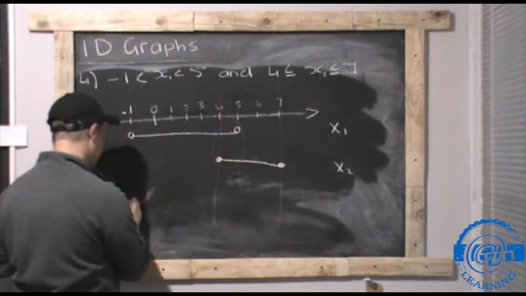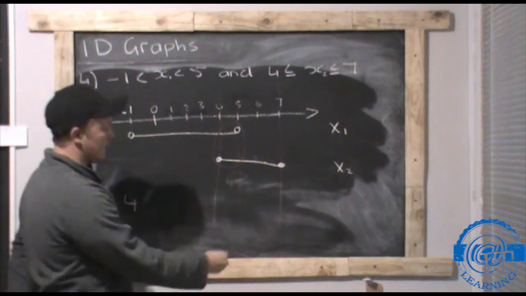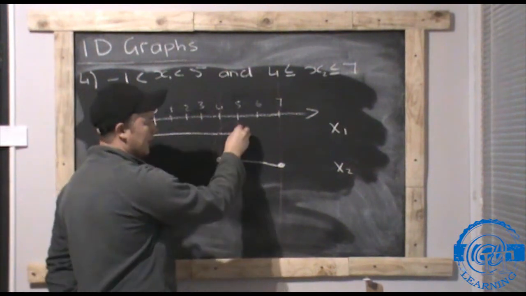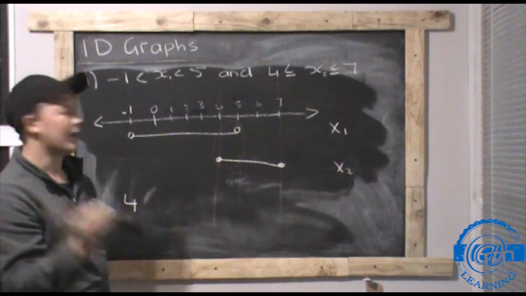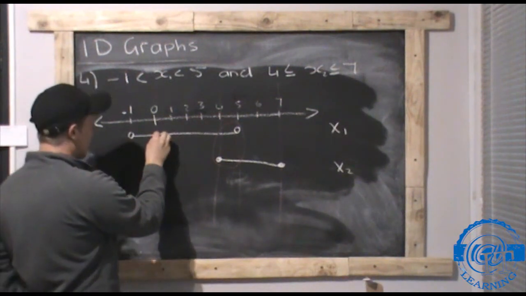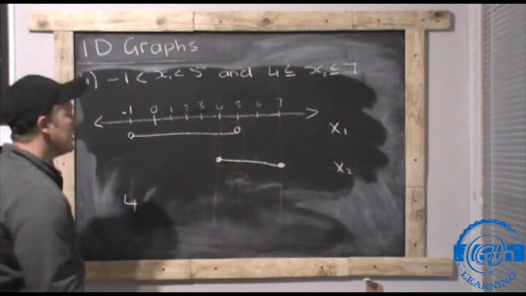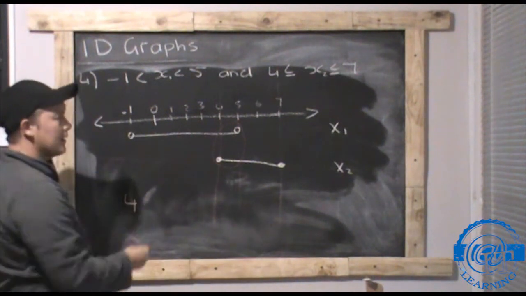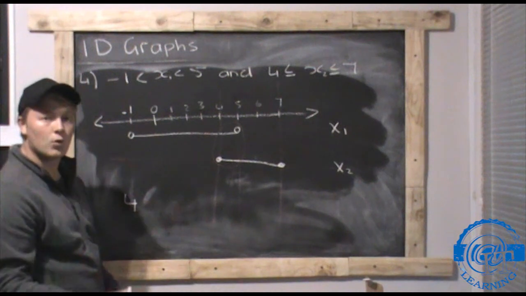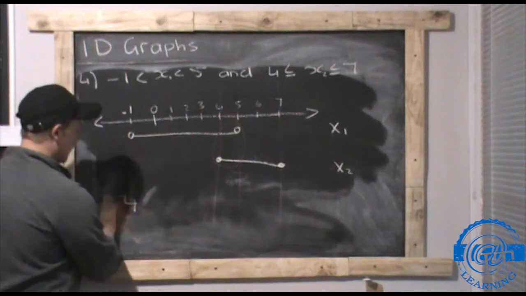So 4 is in. 5 is allowed here, but not here, so it's not included. 0 is included here, but it's not included for my second one, so it doesn't matter. So technically, only 4 will be in our interval notation.